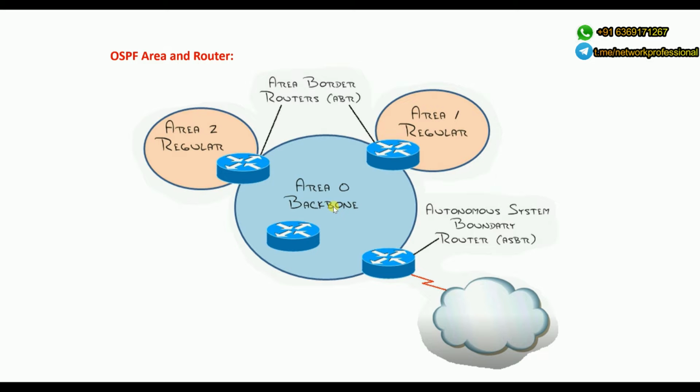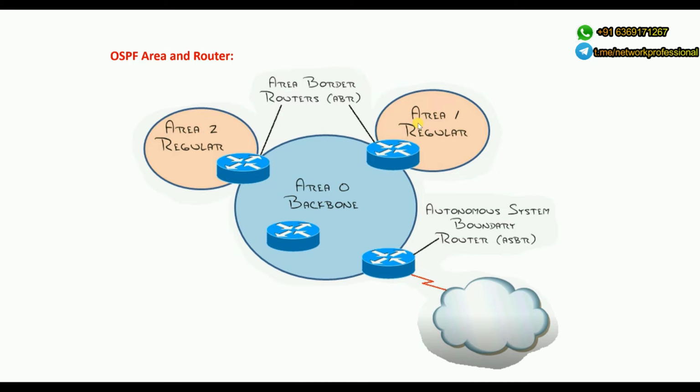So why is area 0 called the backbone area? Say, as per this topology, there are 3 areas: area 0, area 1, and area 2. The reason it is called the backbone area is the communication between two different areas.